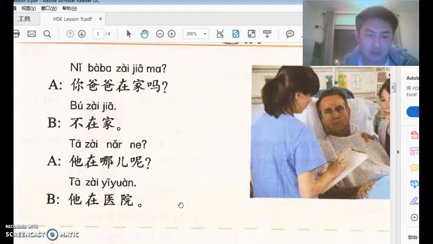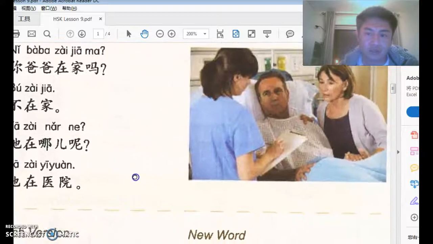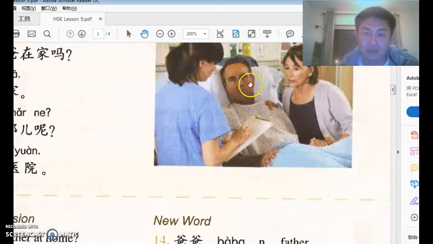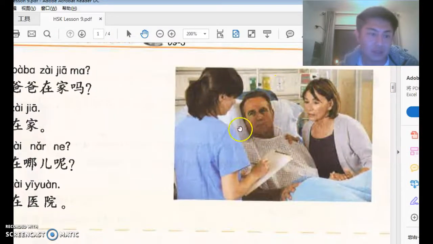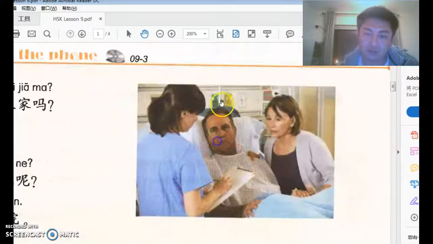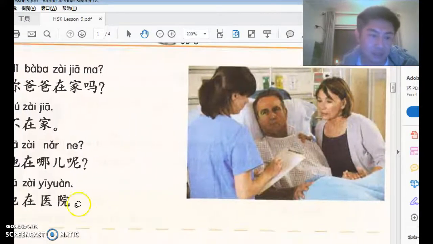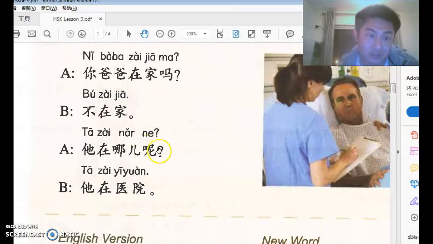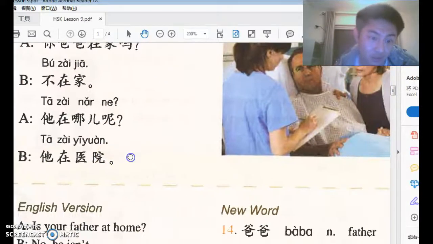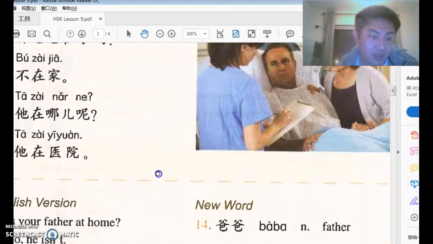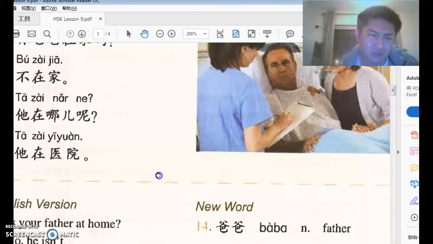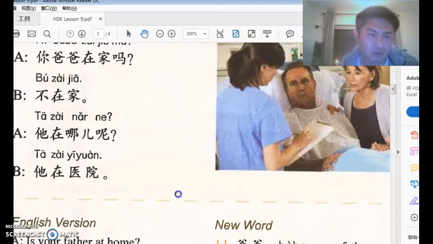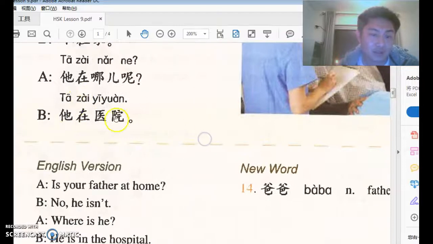But in Chinese, 他在医院 is just he is in the hospital. Obviously Baba is the only male here, and according to the picture he is sick. But from the conversation, we can't really tell if he's sick or just working in the hospital or having a good time in the hospital. Maybe he's walking around the hospital doing something, maybe trying to sell medicine to other people. Anyway, that's the conversation.